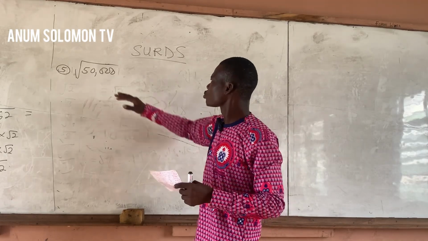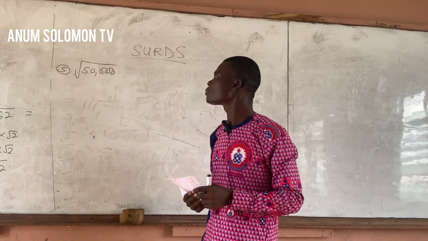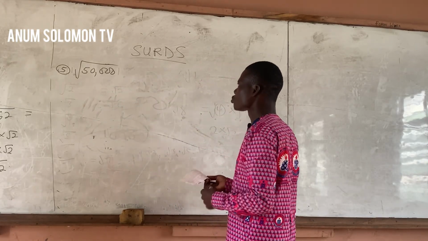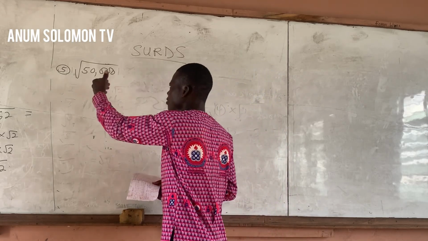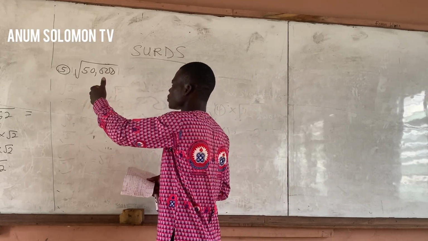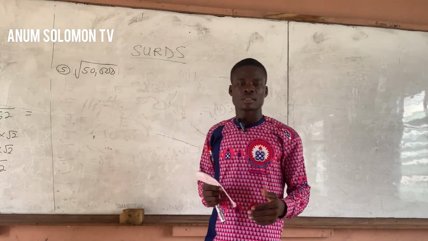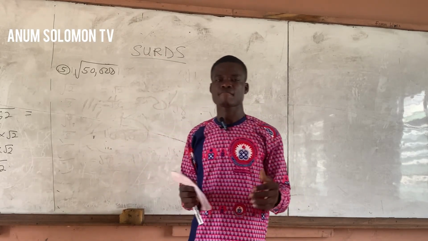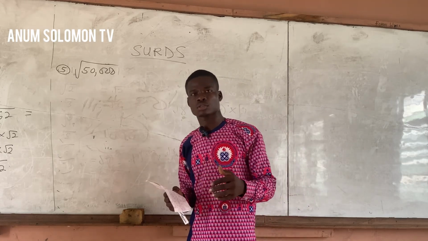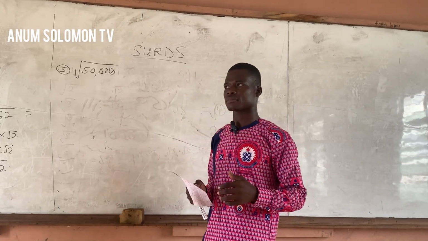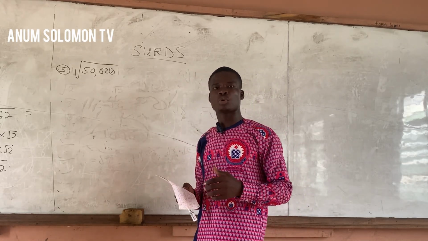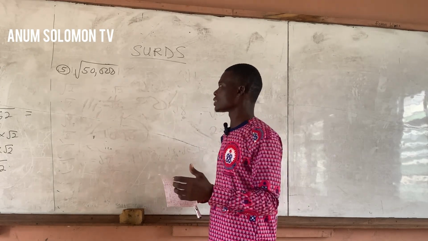For us to reduce this to its basic form, we have to check the factors of 50,000, the one which is perfect and the one which is not perfect.